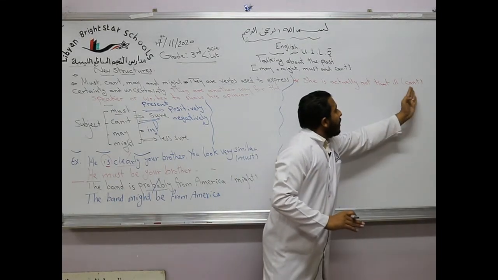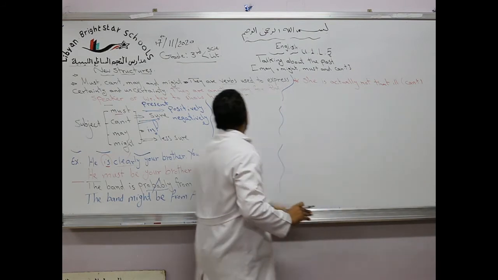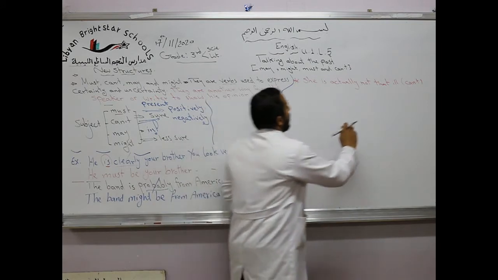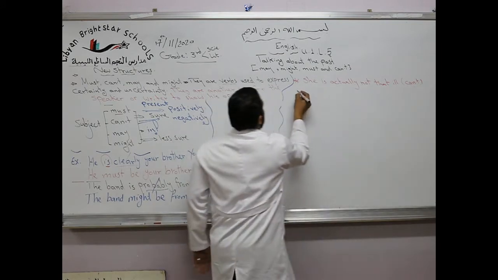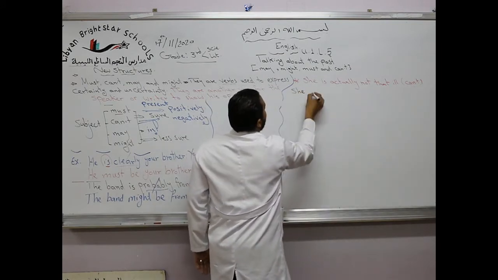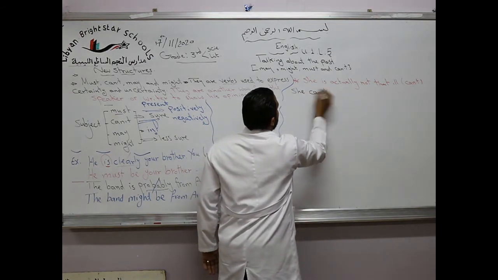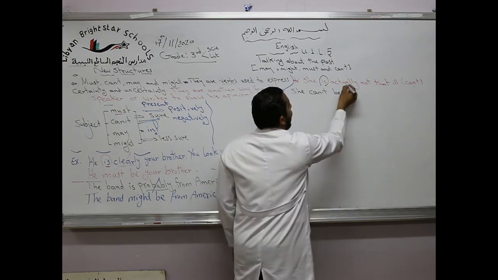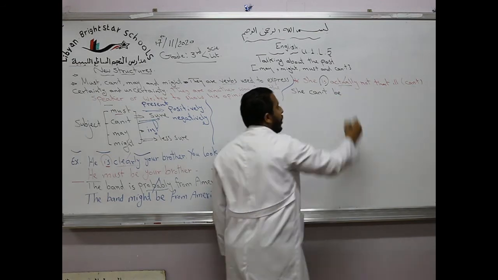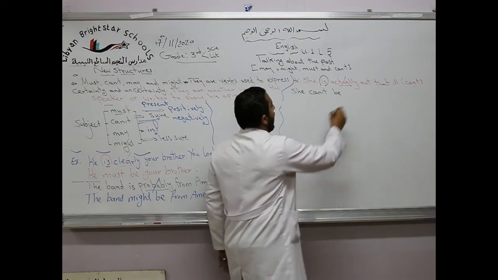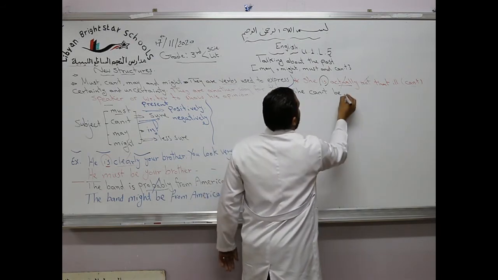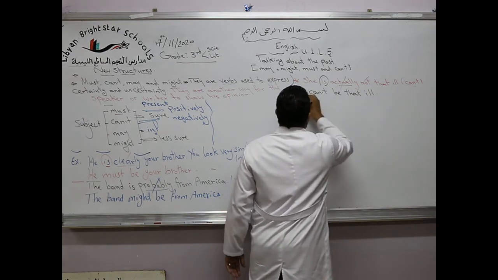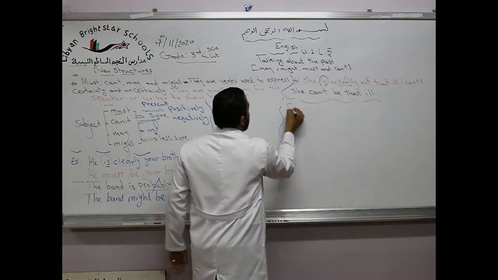But here we use can't because we are talking about something when we are sure negatively. She can't. The infinitive of "is" is "be". Actually has the same meaning as can't, so we drop actually and not. She can't be that ill. Okay?